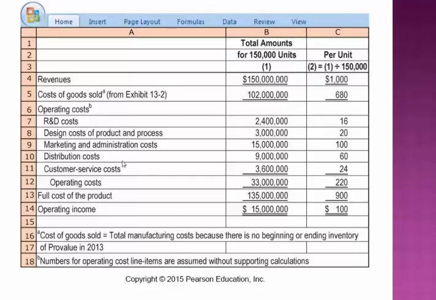And then from there, of course, we would have all those operating costs that are totaled up. So we've got research and development, we've got design cost of products and processes, we have our marketing and admin cost, we have distribution cost, and we have customer service related cost.